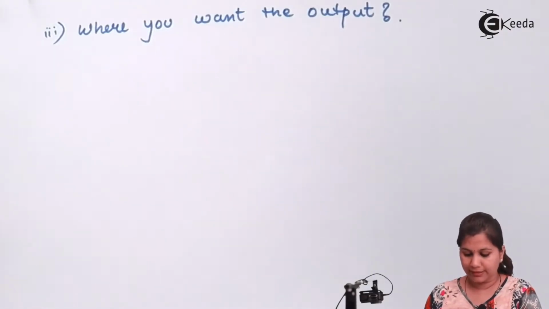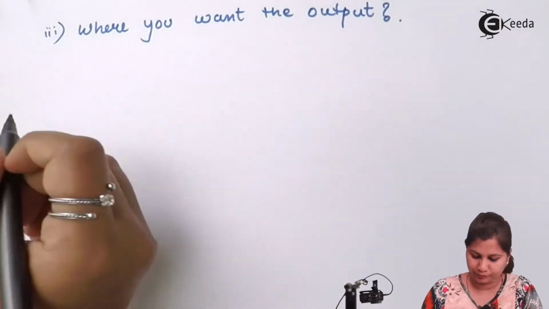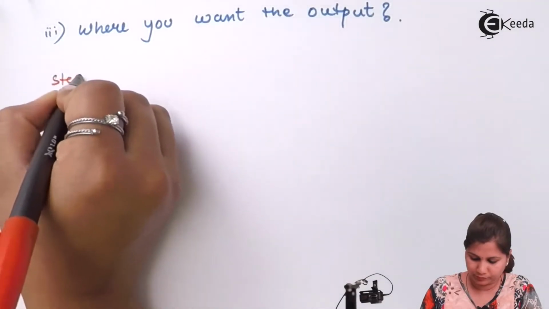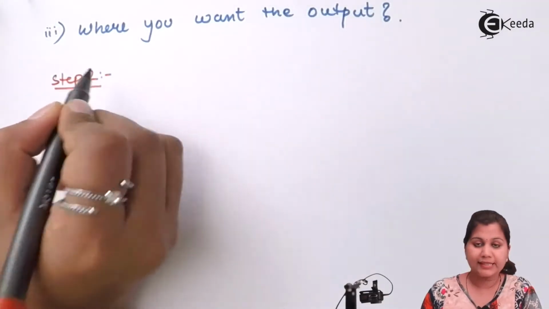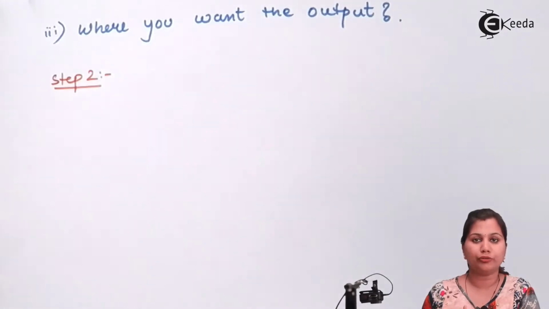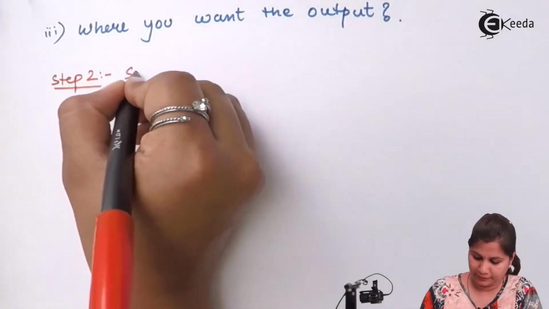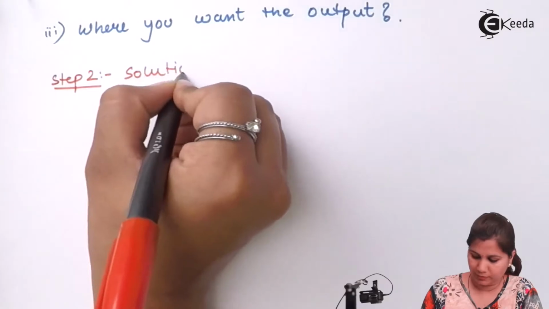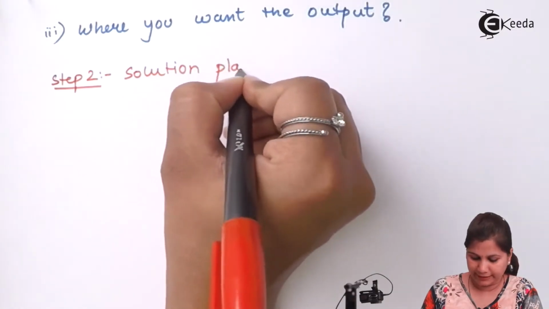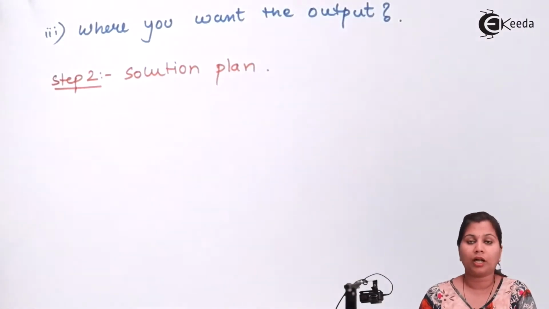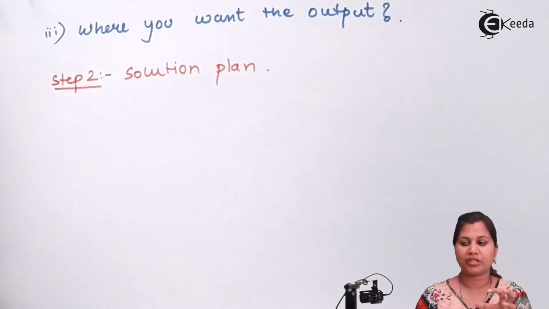Now comes the second step. In the second step, we find the solution, the plan. The solution plan is decided. Now in the first step we have known that inputs are here, output is to be stored here, and this is what we have to perform.